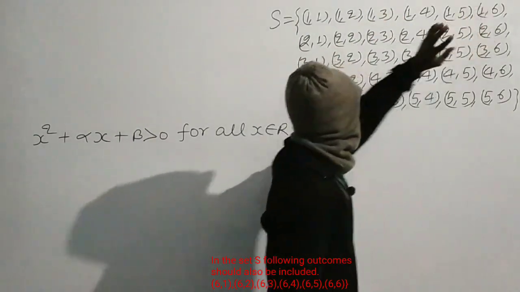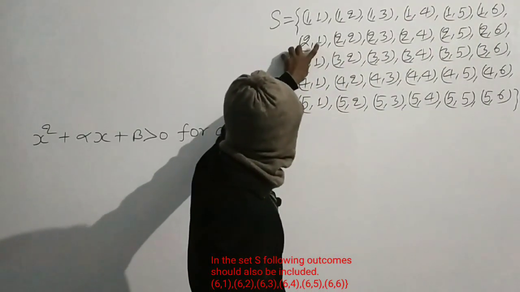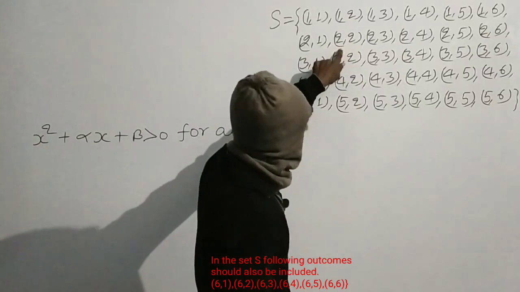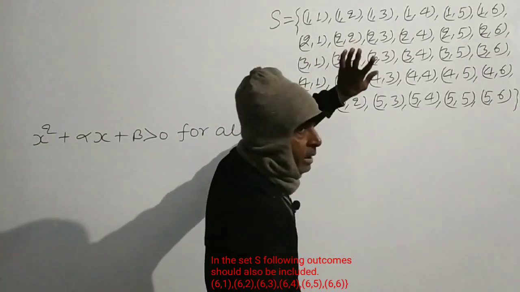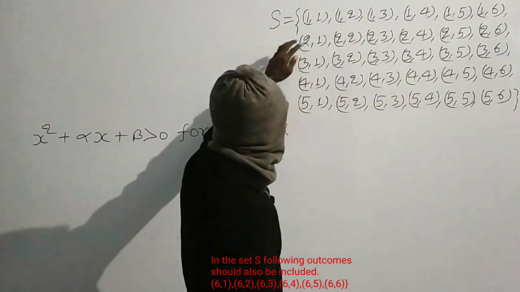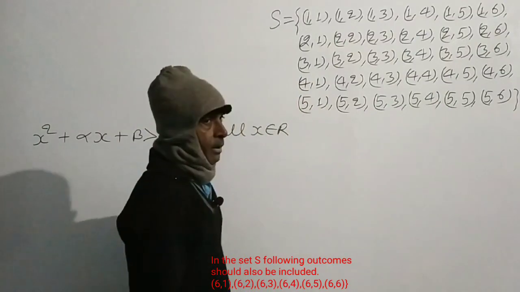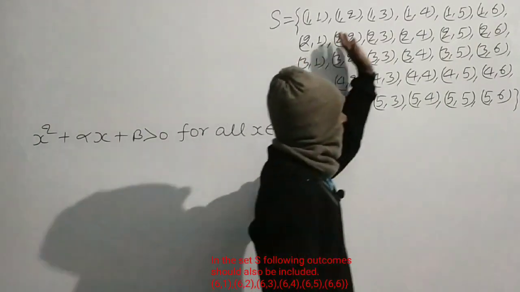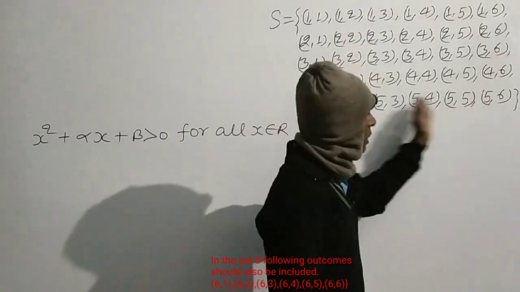In this way, the first time number 2 appears, the second time number 1 appears. First time number 2, second time number 2. In this way, up to 5, 6. These are 36 possible outcomes.